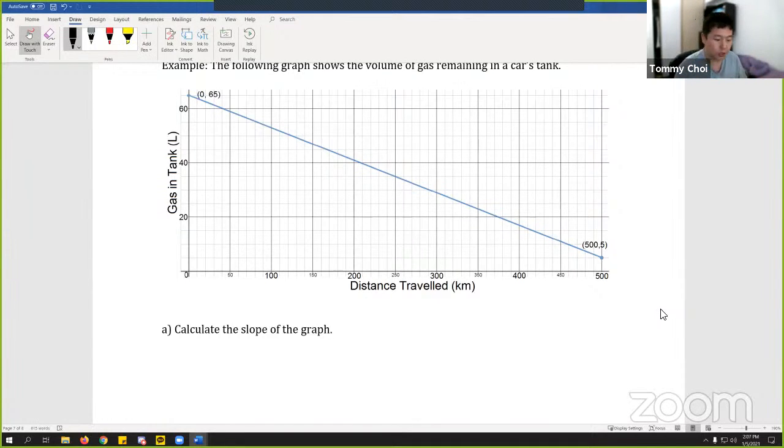Let's use the formula for this one, just so that we can get used to it. So I'm going to copy down the formula here. M is equal to y2 minus y1 over x2 minus x1. Okay. We have our 2 points. The 2 points are (0, 65) and (500, 5). Okay.